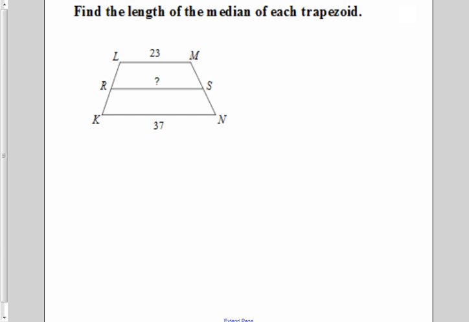Okay, and last two, I promise. We also mentioned something about medians with trapezoids, so I wanted to make sure I cover that here with you. It says find the length of the median of each trapezoid. We know median is middle, and with trapezoids, this median is equal to the average of the other two sides.